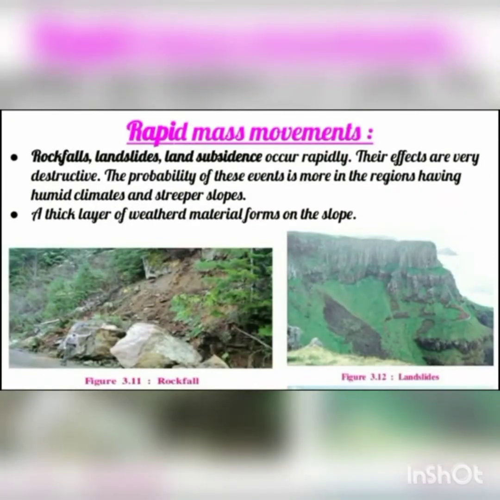Next we are going to study rapid mass movement. Rock falls, landslides and land subsidence occur rapidly, and their effects are very destructive. Here you can see images. The probability of these events is more in regions having humid climates and steeper slopes.